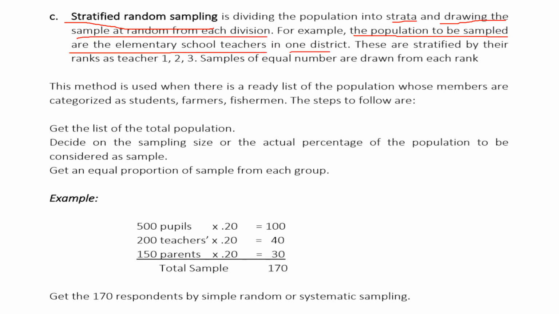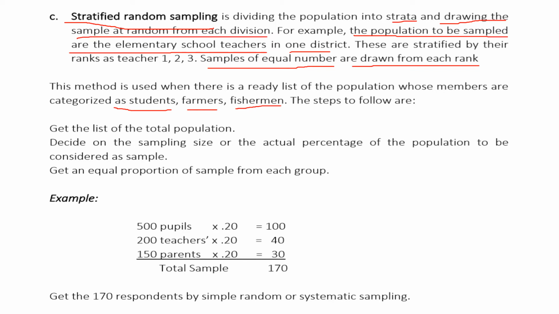These are stratified by their ranks as teacher 1, 2, and 3. Samples of equal number are drawn from each rank. This method is used when there is a ready list of the population whose members are categorized as students, farmers, fishermen.